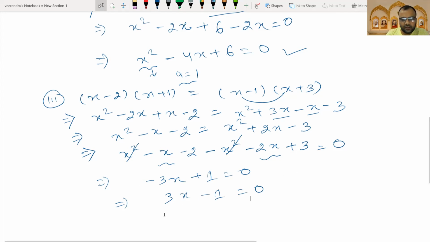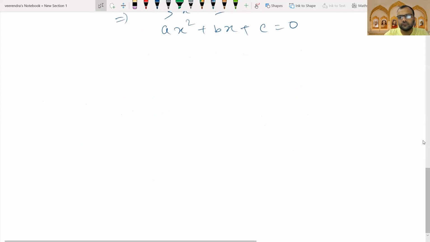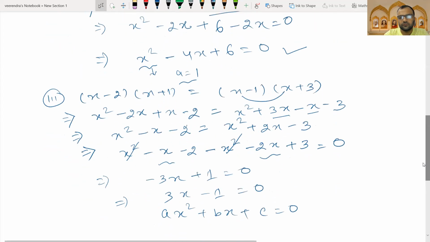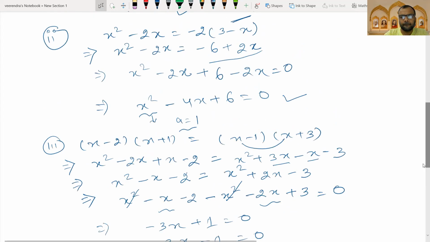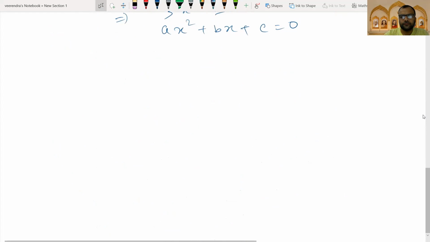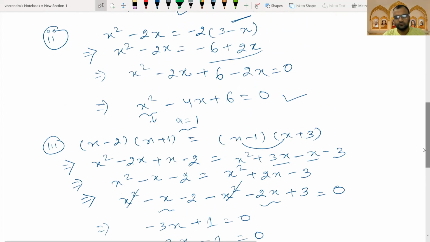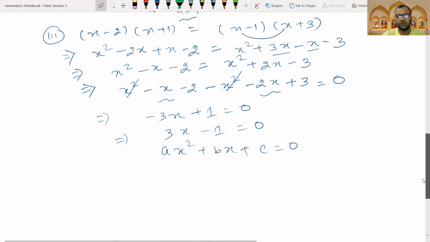If we compare it with ax square plus bx plus c equals to 0, we get a is equal to 0, b is equal to 3, and c is equal to minus 1.